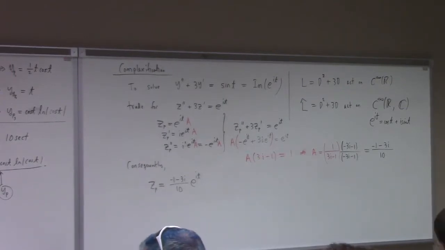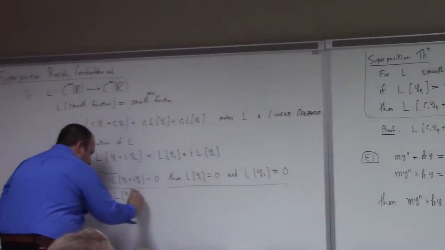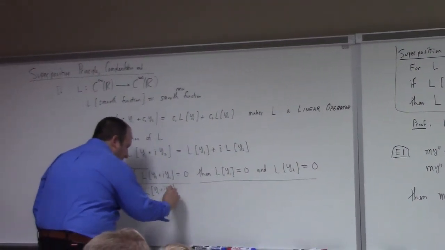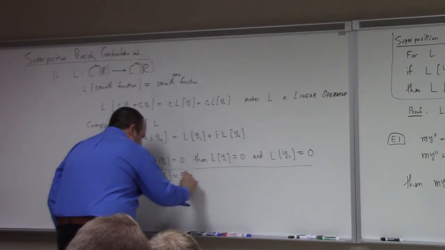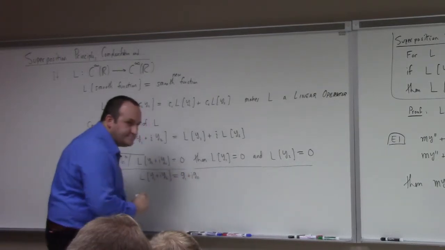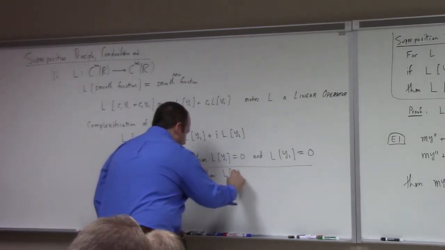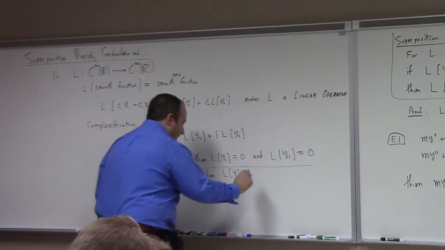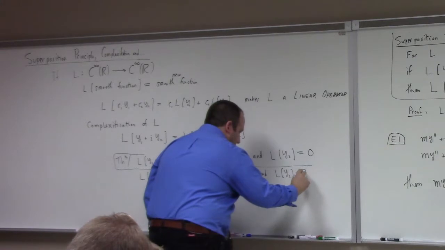Let me write it over here so you can contrast them side by side. If L of (y1 plus i y2) is equal to G1 plus i G2, then L of y1 equals G1 and L of y2 is equal to G2.